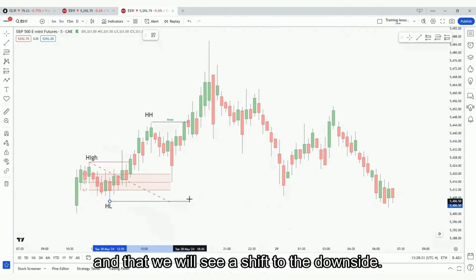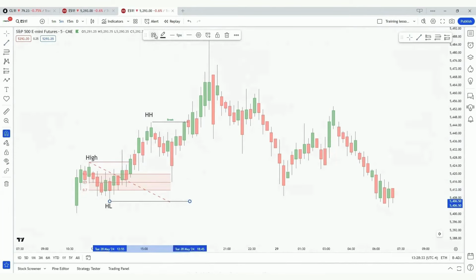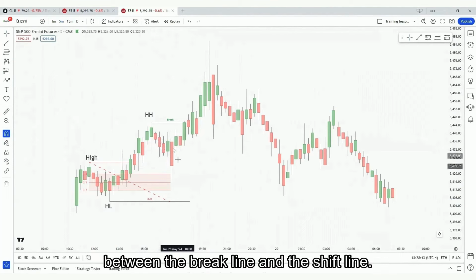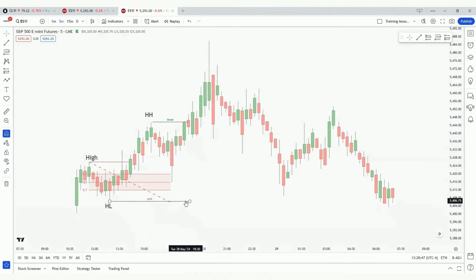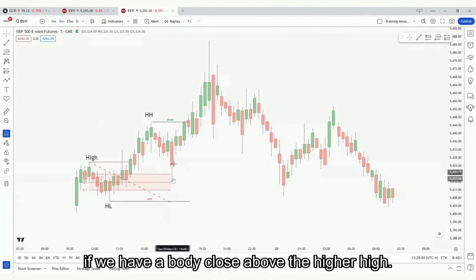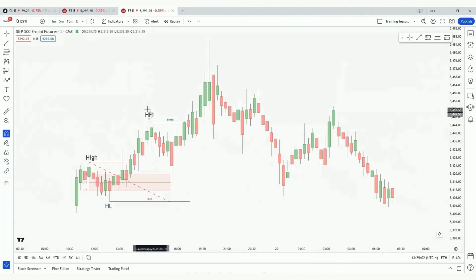And that we will see a shift to the downside. And like I said before, price can do anything it wants in between the break line and the shift line. And also right now, this is only a higher low if we have a body close above the higher high.